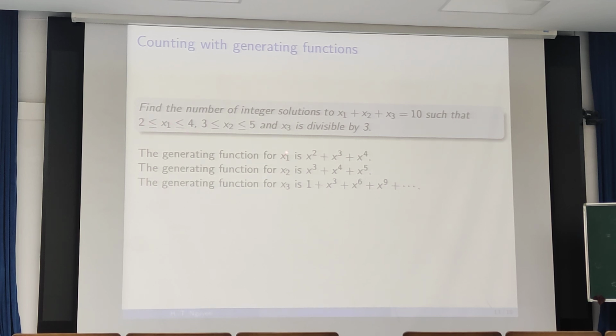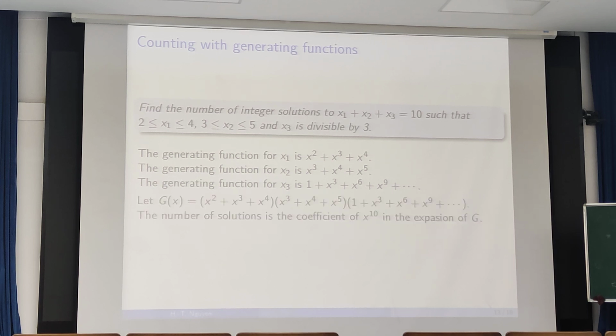So the corresponding generating function for x1 has only the terms of powers 2, 3, and 4, and all the other terms are 0. Similarly, the generating function for x2 is x to the power 3 plus x to the power 4 plus x to the power 5. And since x3 must be divisible by 3, we keep only the terms with an exponent 0, 3, 6, 9, and so on.